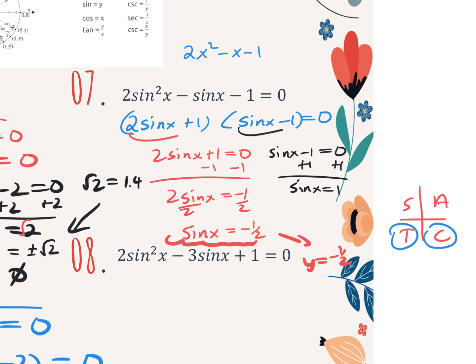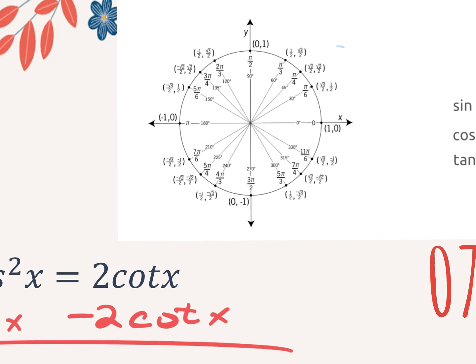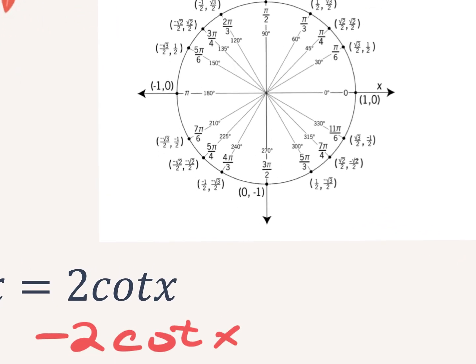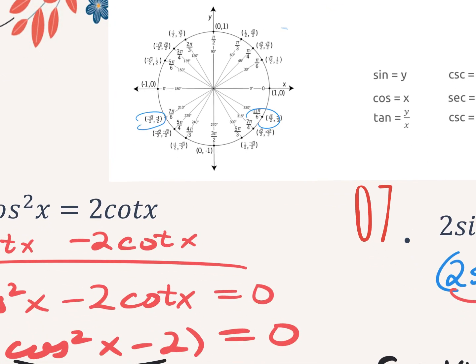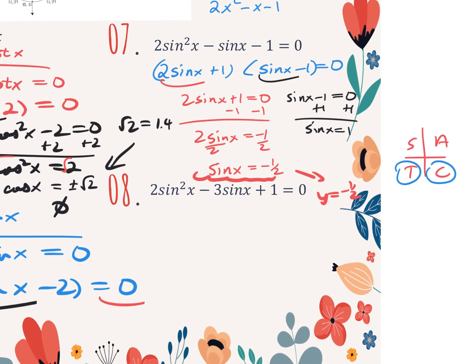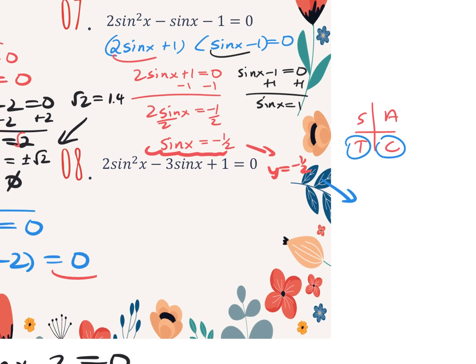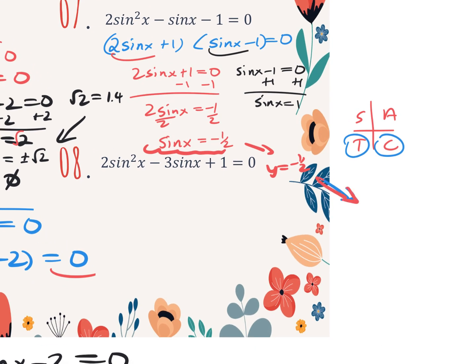And if I come up to my unit circle, I can see that negative 1/2 is going to be happening here at 7 pi over 6 and 11 pi over 6. So that's the answer for the red one. So my first answer here is x is equal to 7 pi over 6 and 11 pi over 6.